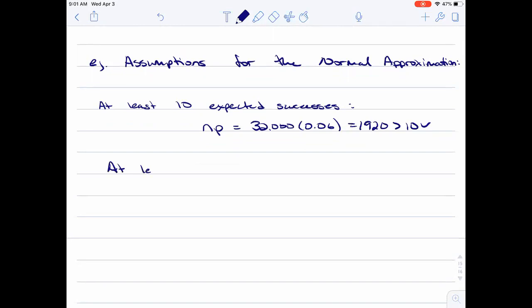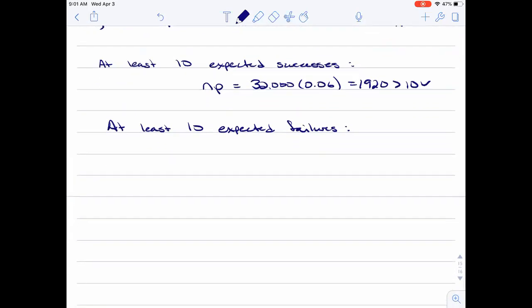And we have to have at least 10 expected failures, N times Q, which is 32,000 times 0.94.